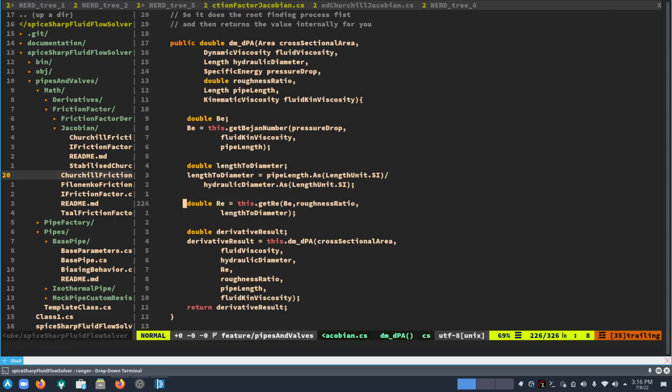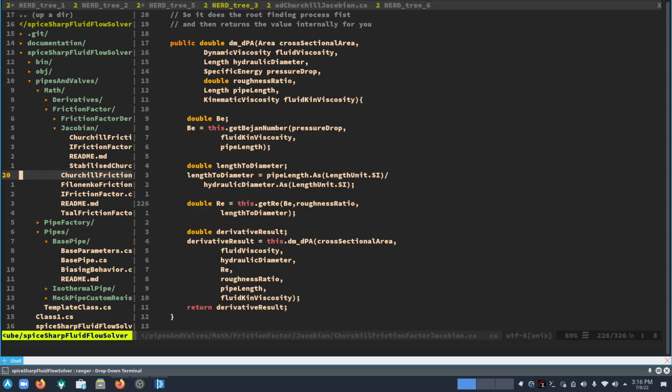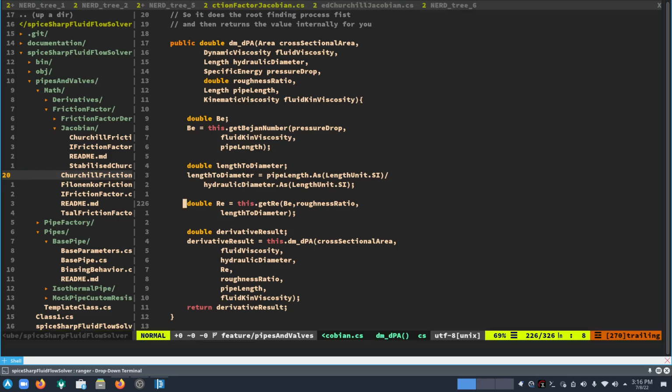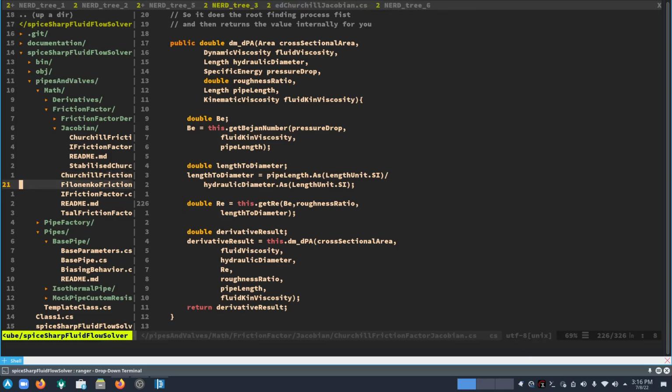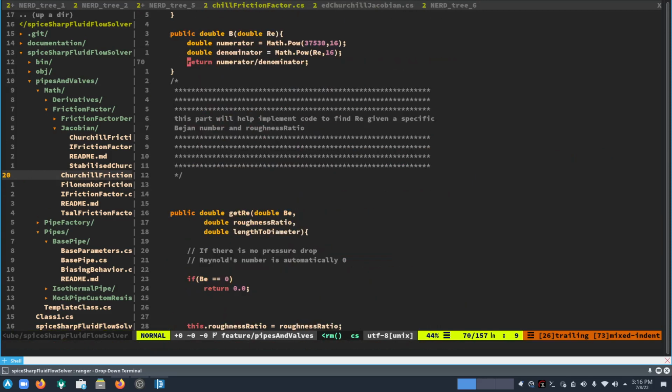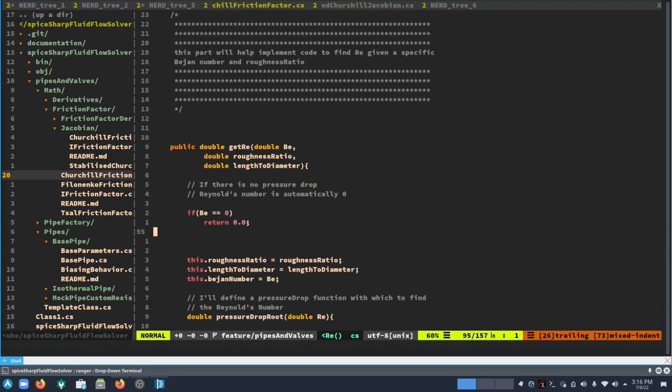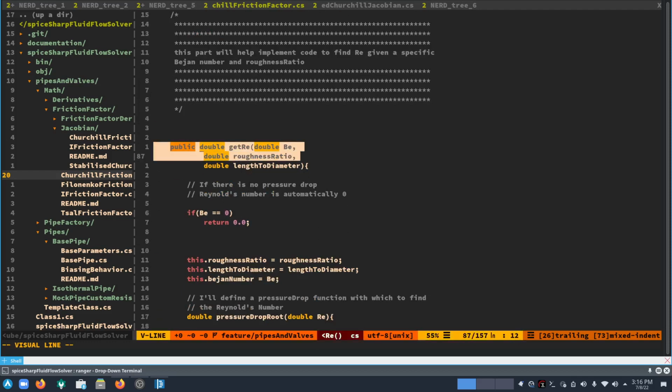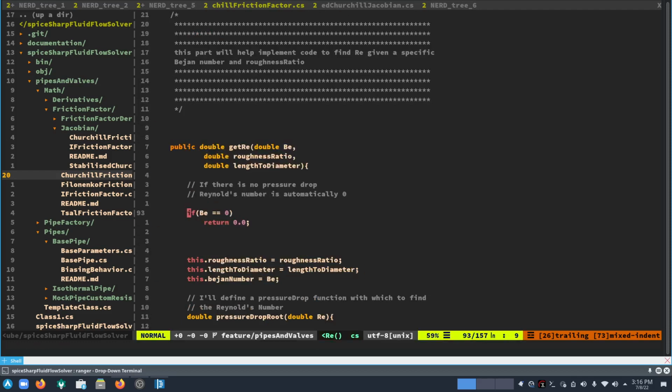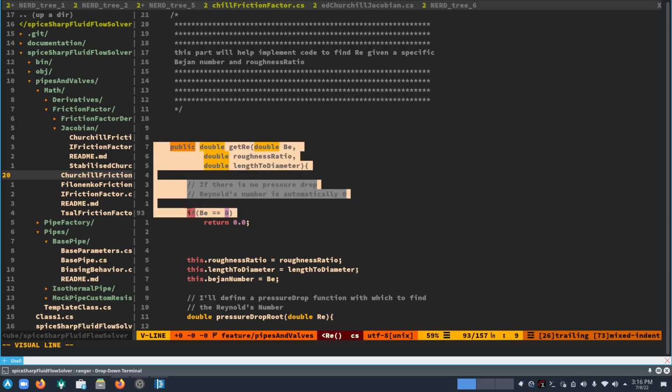It will be using this class, the get Reynolds number method. Yes, here's the getRE class, which is inherited from the churchillFrictionFactor class. So this is the class I'm using here.